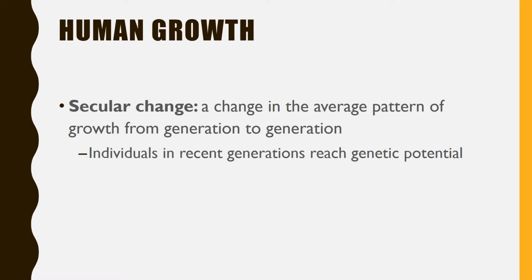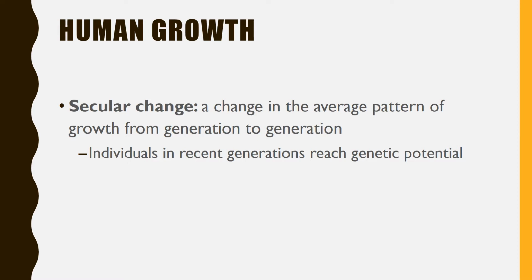Another pattern to be aware of in relationship to human growth is that of secular change. Secular change is defined as a change in the average pattern of human growth from generation to generation. In most economically developed populations, average height and weight have increased from one generation to the next.